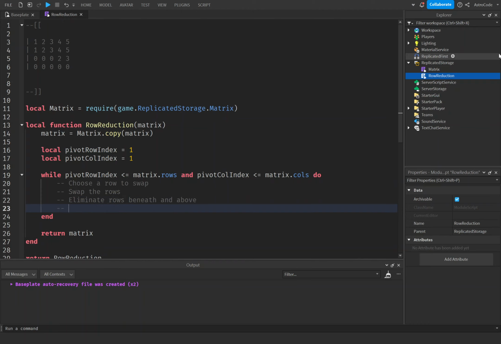And then the last thing, which I didn't explain, is that we normalize at the end, which means that we divide a row such that its pivot is just the number 1. So we normalize the pivot row. And then we increment our row and column for the pivot.